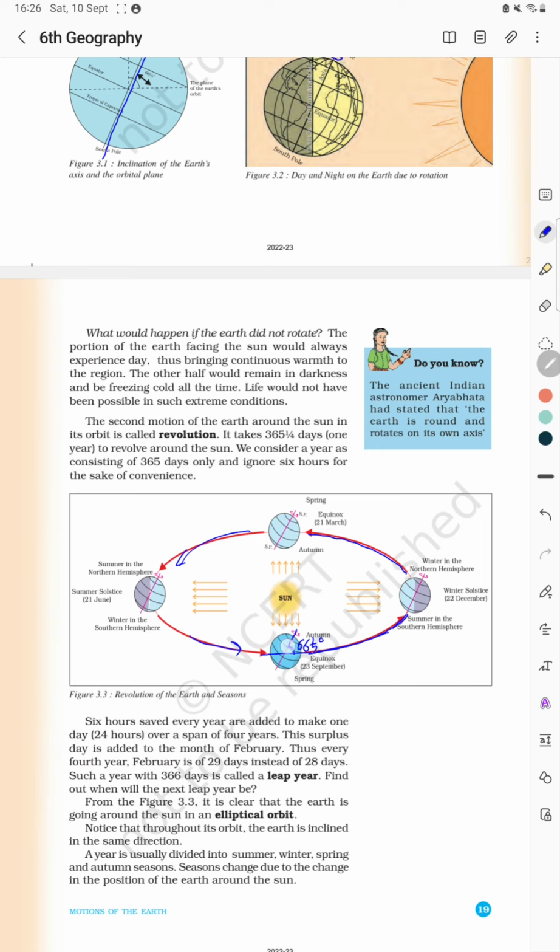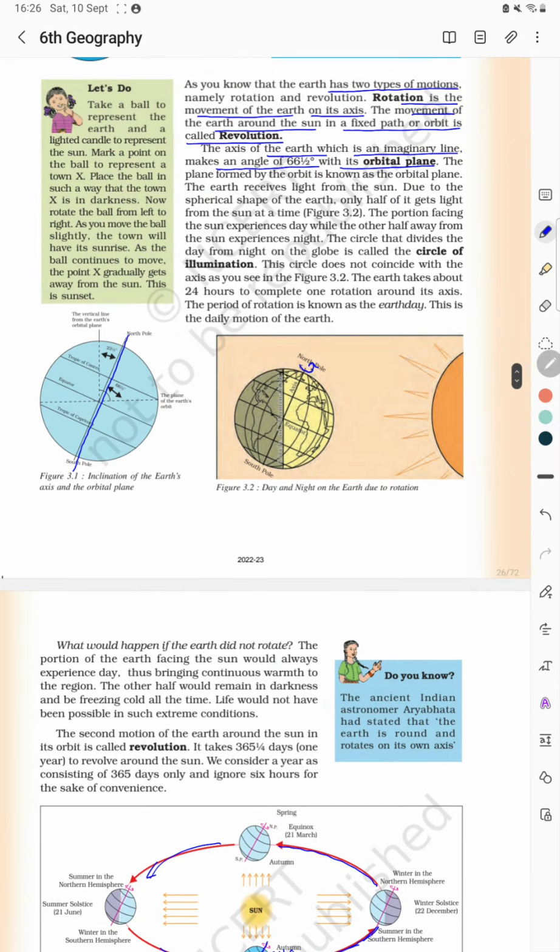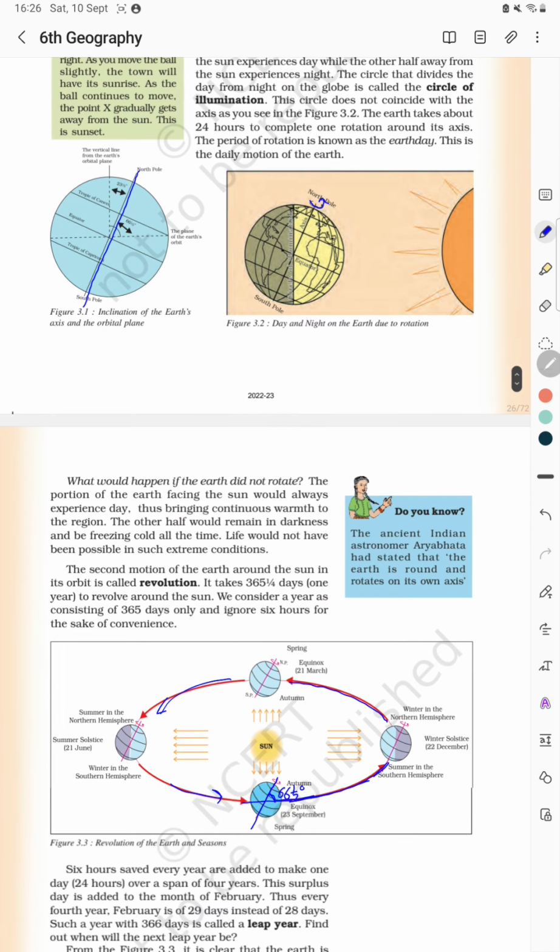This is the imaginary line or axis of the earth. The plane formed by the orbit is known as the orbital plane.